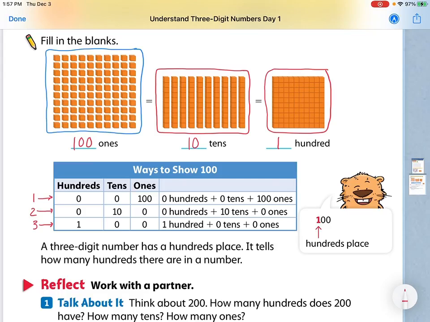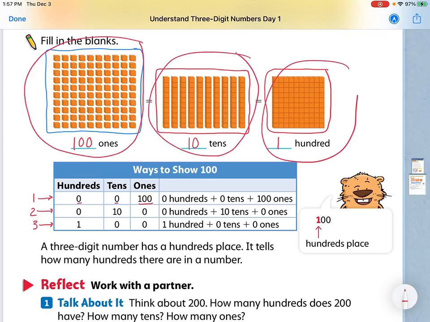Row number 1 says that we could have 0 hundreds models, 0 tens models, but we could have 100 ones. So if we had 100 and we only used ones, we would have 0 hundreds, 0 tens, and 100 ones. Which one of these pictures, this one, or this one, or this one, goes with our row 1?